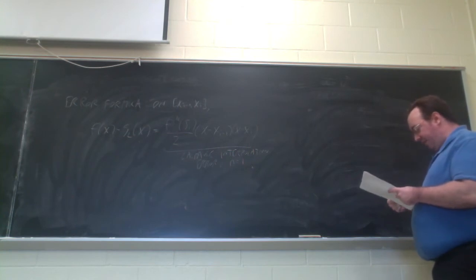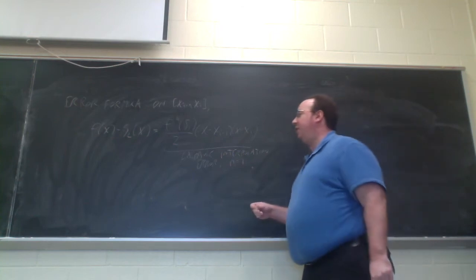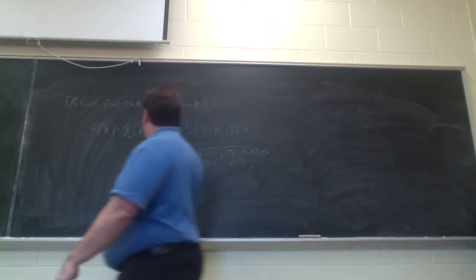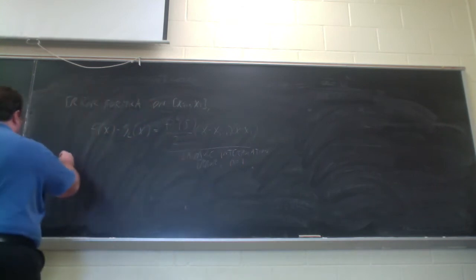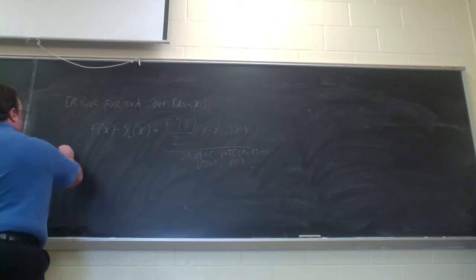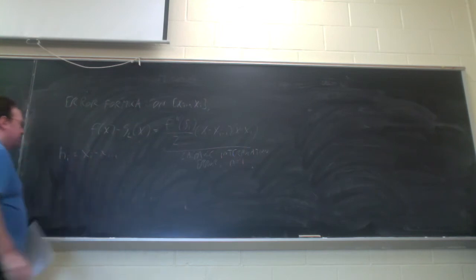Now, we can use this to try to come up with a bound on the error, because of this product of linear factors. First, I'm going to define h_i to be the gap between neighboring knots.